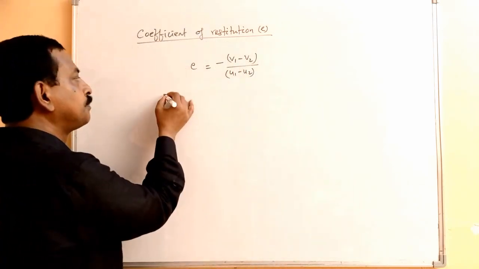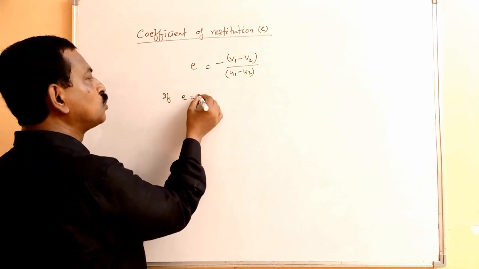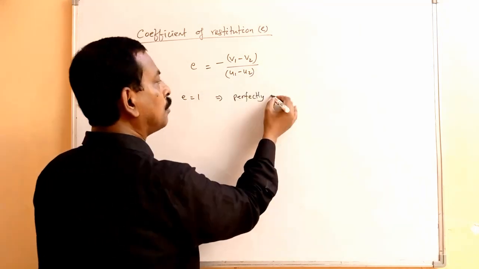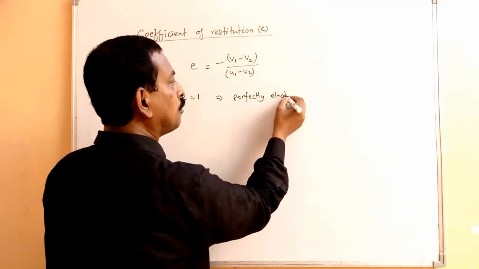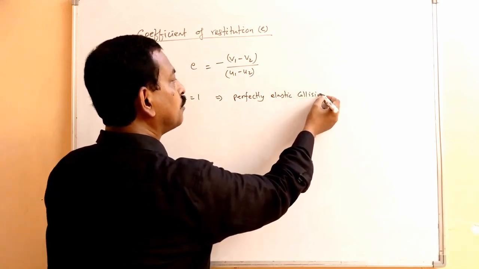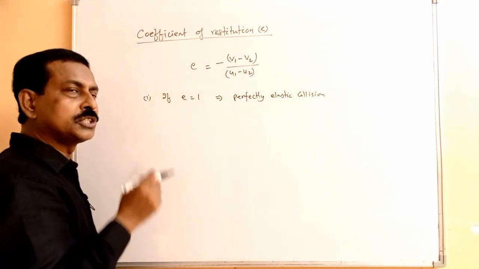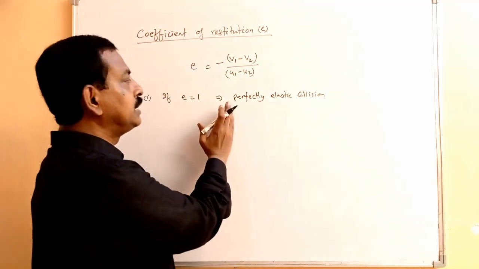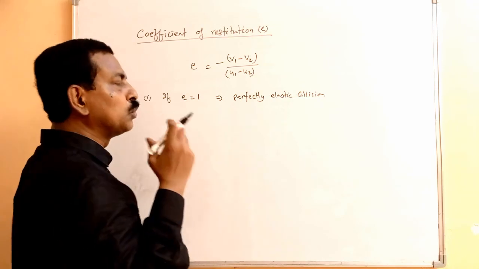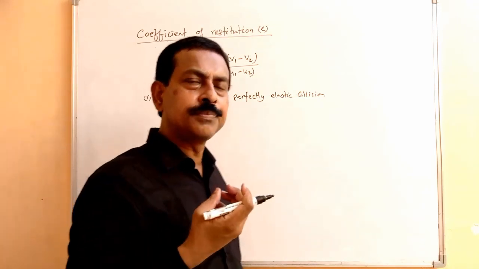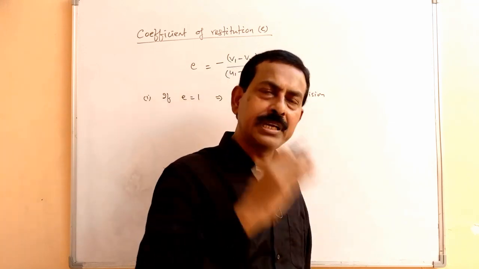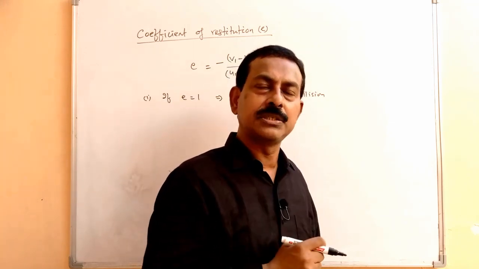If I consider if E is 1, then the collision is called perfectly elastic. Okay, so if E is 1, coefficient of restitution is 1, then it is a perfectly elastic collision. What you will get here? Suppose you have a body and you assume that the body is colliding with a heavy, very large body at rest.